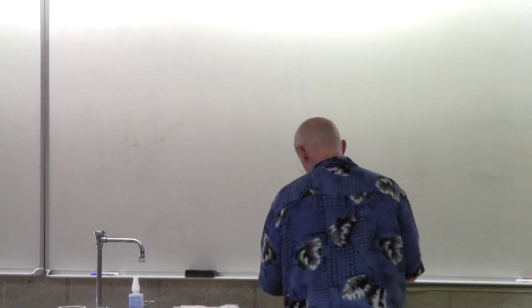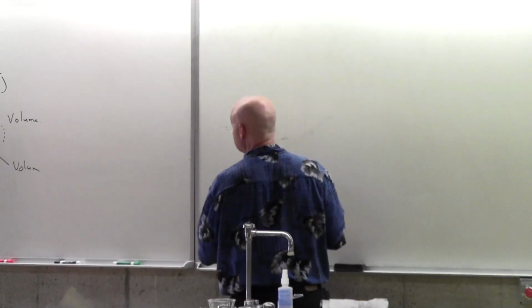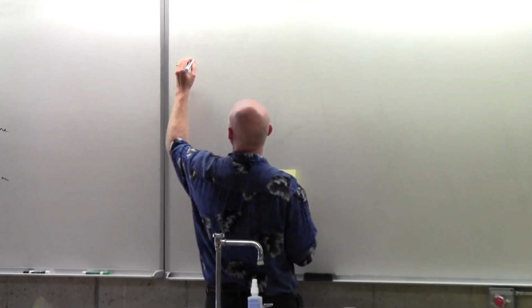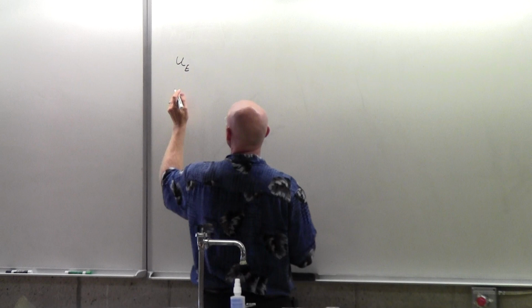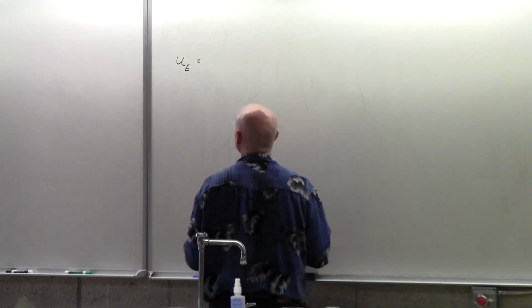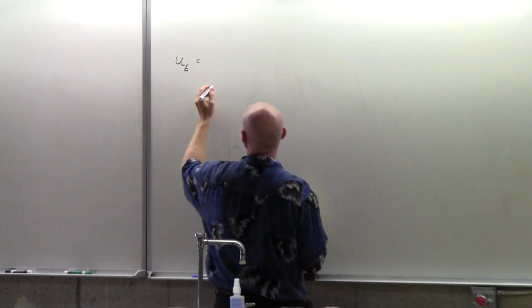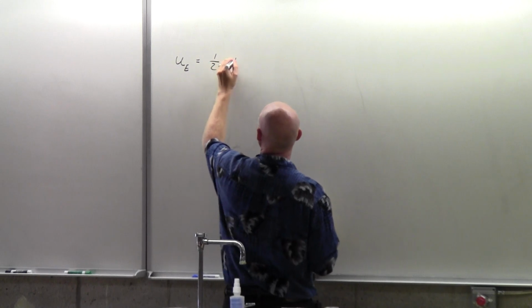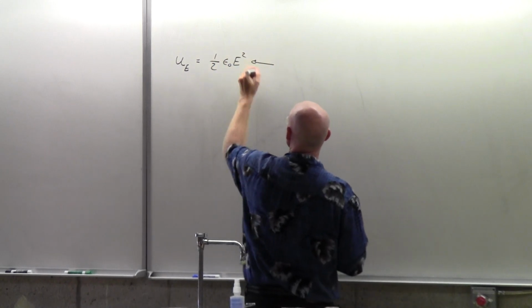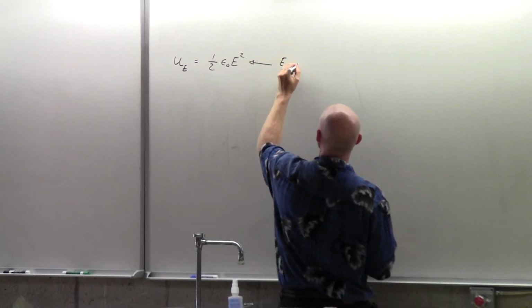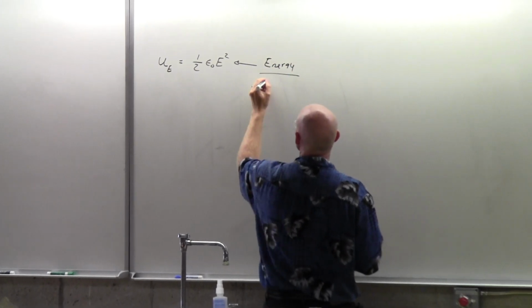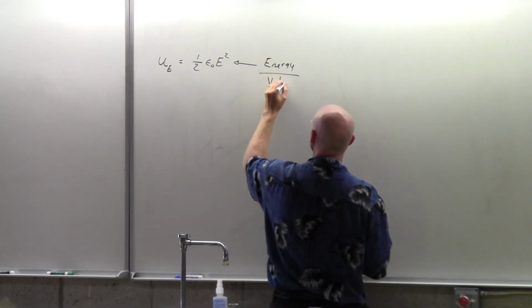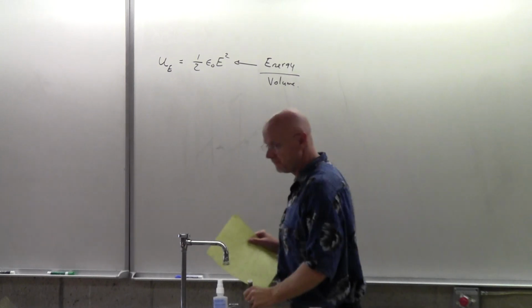And so we are going to call that its energy density. We're going to give it a symbol, little u sub e. And little u sub e is this 1/2 epsilon naught E squared. This is how much energy you get per volume.